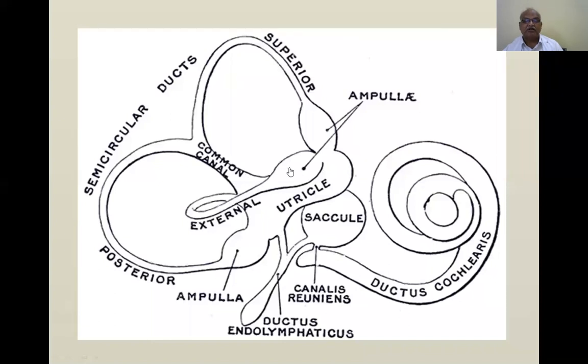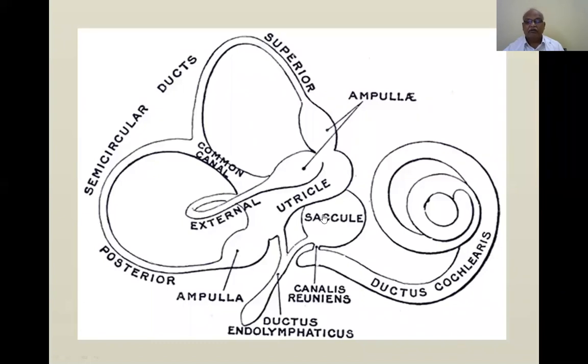These 3 semicircular canals open into the posterior wall of the vestibule, that is, the membranous labyrinth. So the utricle is the part into which the semicircular ducts of the membranous labyrinth open. Externally there is the cochlea, the vestibule centrally, and the semicircular canals posteriorly. Inside the cochlea is the ductus cochlearis, the membranous labyrinth of the cochlea.